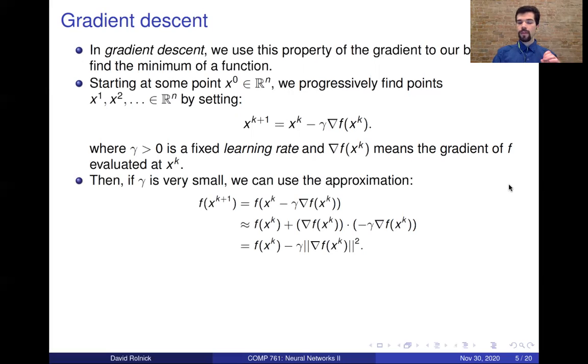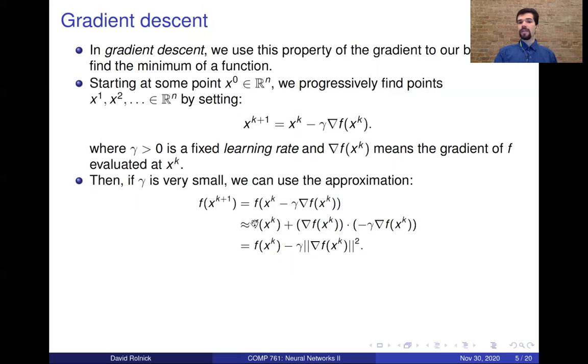So if gamma is very small, if our learning rate is small, we can use this approximation where f of xk+1, the next step in our path, is going to be equal to just this, because that's how we set xk+1. And we can write this with the approximation given by the gradient. Since we were moving a little bit, we can treat this as our epsilon perturbation.